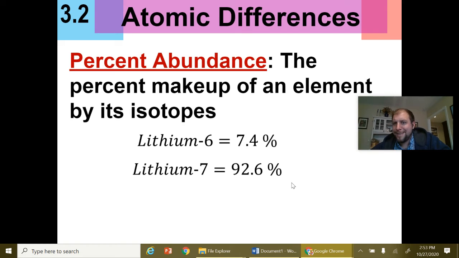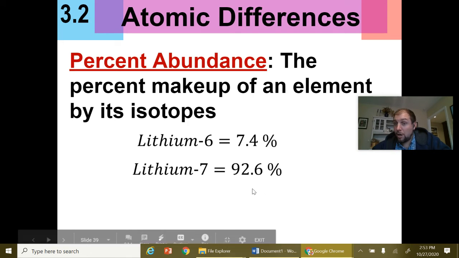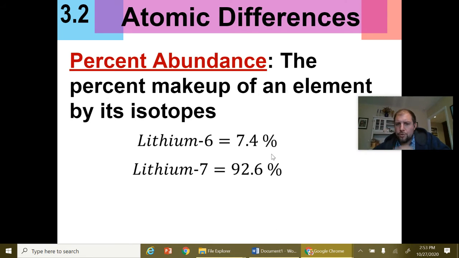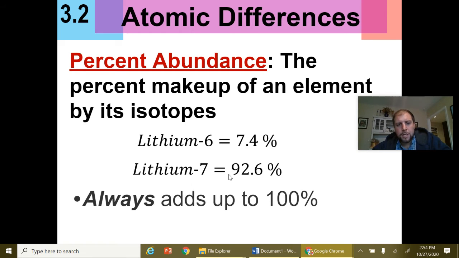Basically nothing is carbon-14. Like 1 in 10 million atoms of carbon is a carbon-14 atom. Same with lithium, all right? Lithium-6, with 3 protons and 3 neutrons, only like 7.4% of lithium is that version, that isotope. The vast majority of lithium is lithium-7, okay? So lithium is mostly lithium-7.